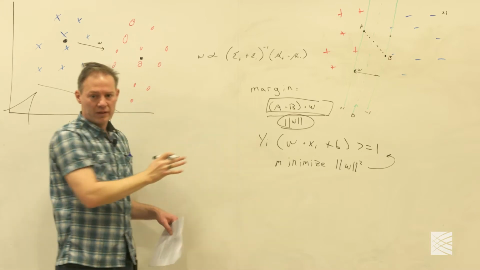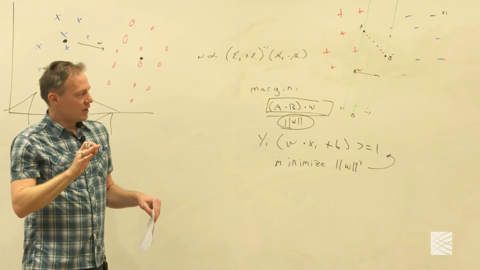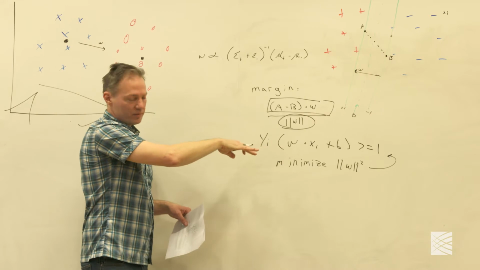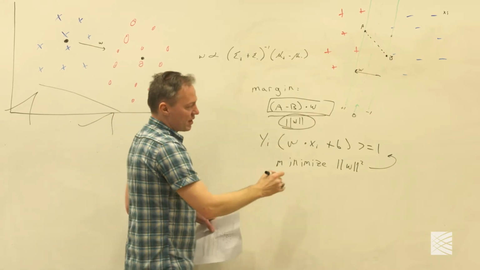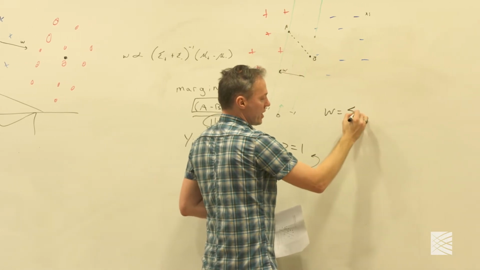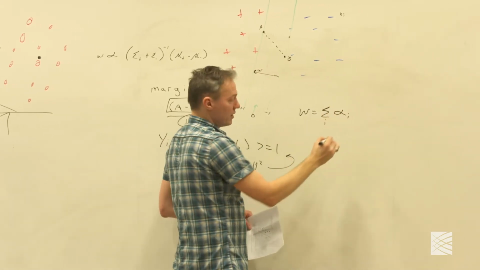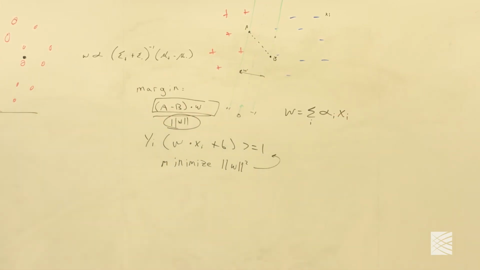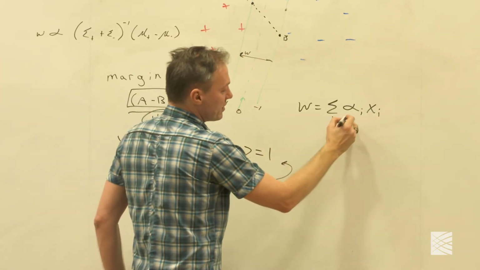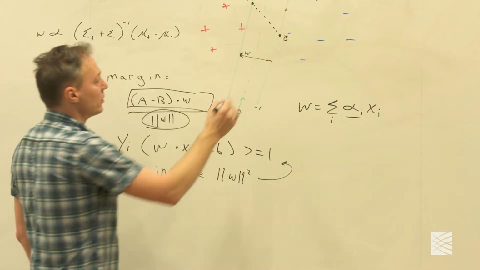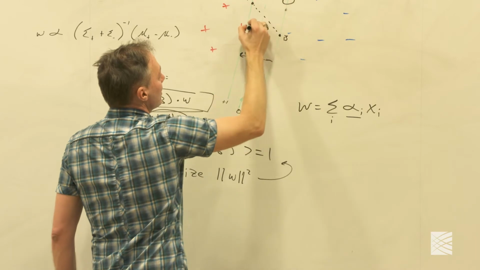Okay. So when you put that into a solver, you set up the Lagrangian and so on. Your solution is going to fall out in the form of W is equal to the sum over the i's of some weights times our original xi's, or original positions. And in fact, these alphas will only be non-zero for examples that land on the boundary.